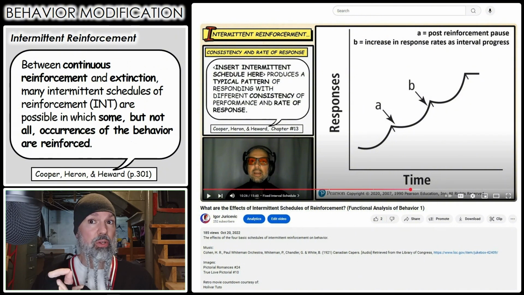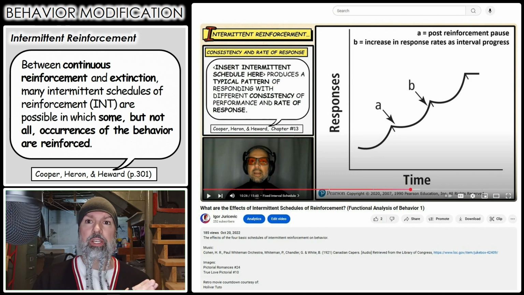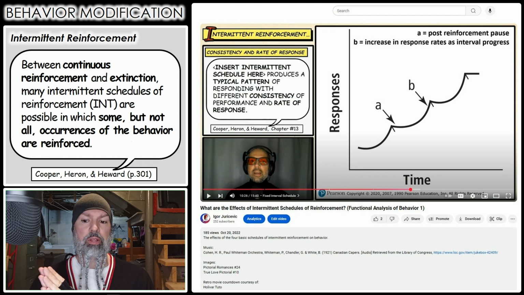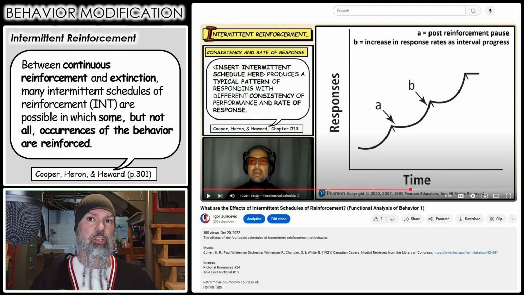And how do you do that without hitting extinction, without going through a procedure where the learner gets their behavior extinguished because you moved too quickly to a very extreme intermittent schedule of reinforcement? So that's what we're going to be talking about today. It's called thinning the intermittent reinforcement. And we're going to take a look at what schedule thinning is and what we need to do it correctly.